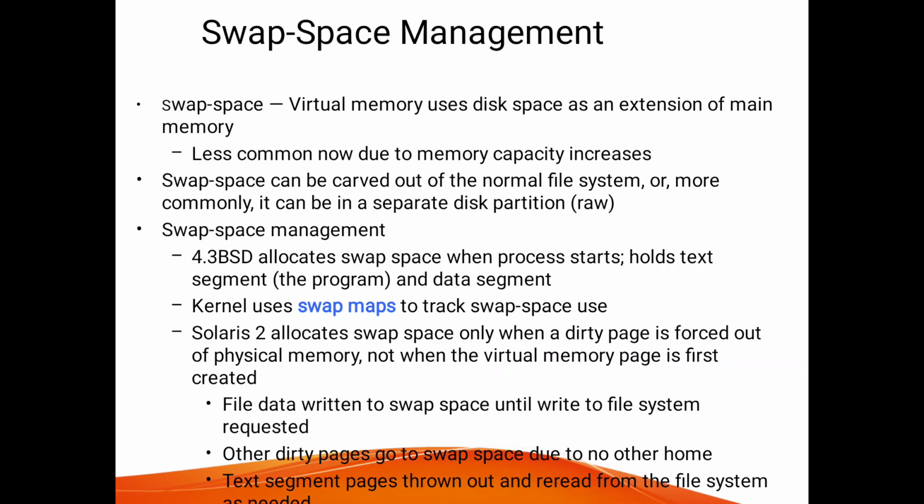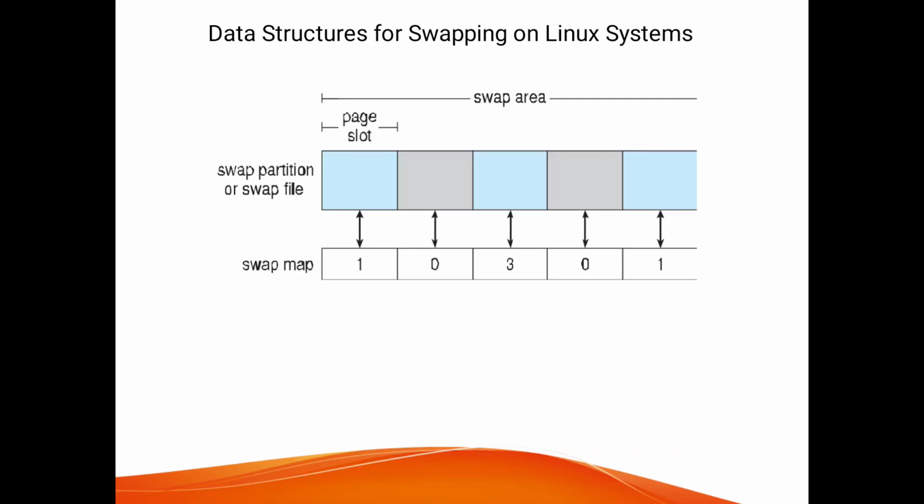The kernel uses a swap map to track swap space use. Solaris 2 allocates swap space only when a dirty page is forced out of physical memory, not when the virtual memory page is first created.